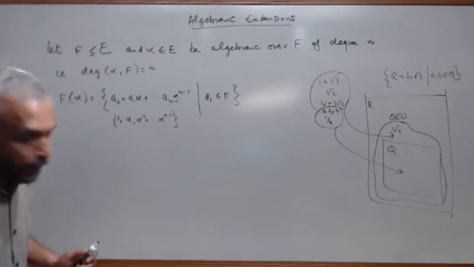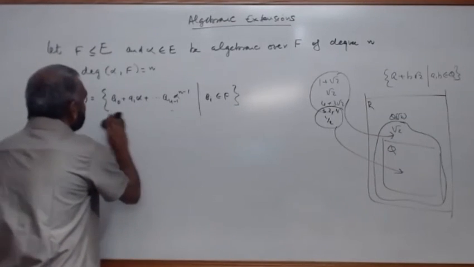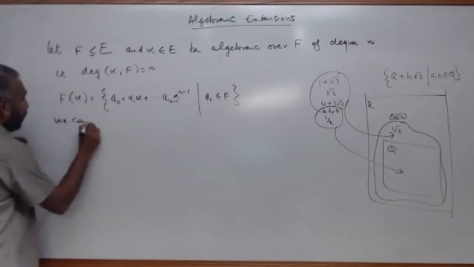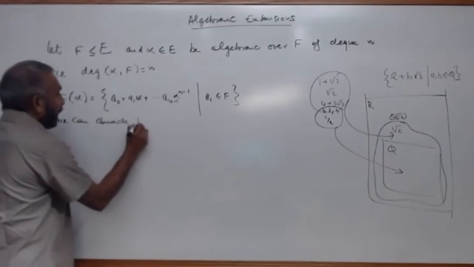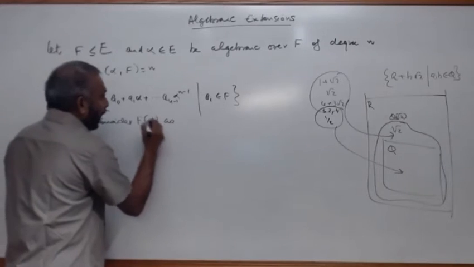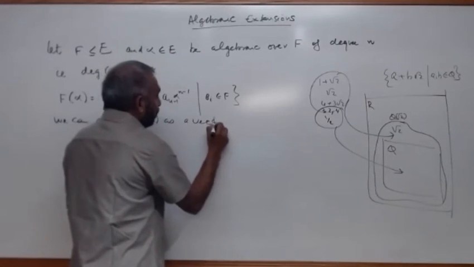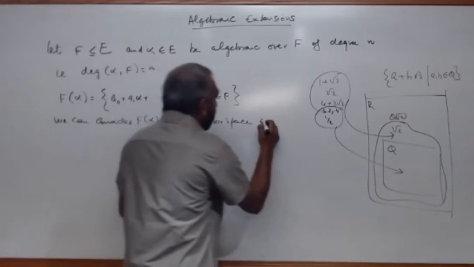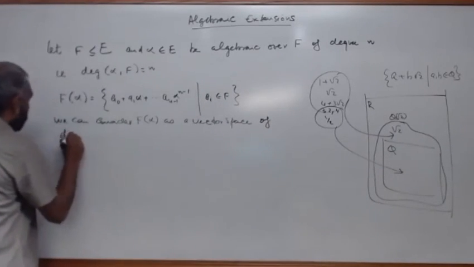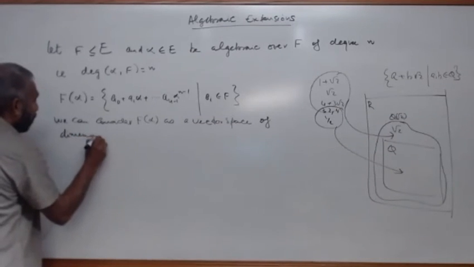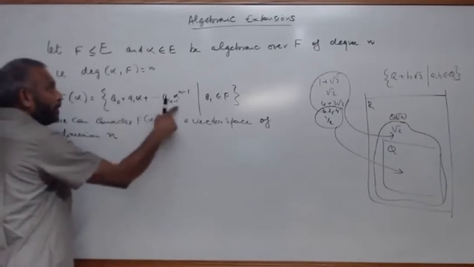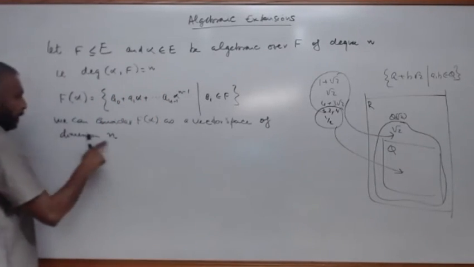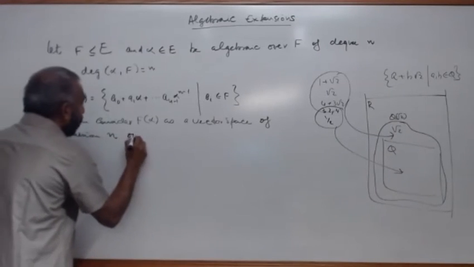So we can consider F(alpha) as a vector space of dimension n, because there are n elements here, 1, alpha, ..., alpha to the power of n minus 1, over F.